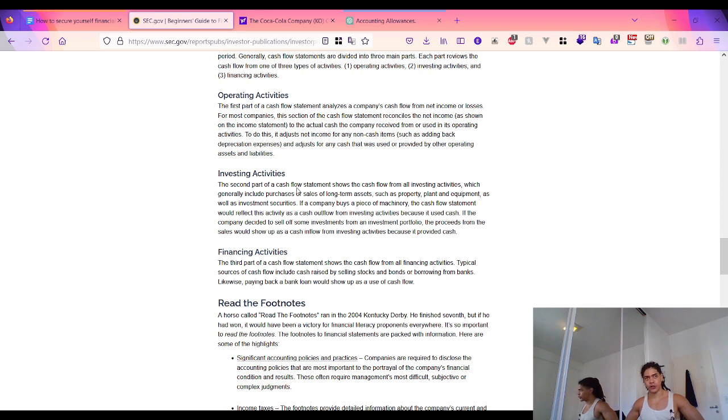And when you talk about security, the term refers to a financial instrument that is fungible, that holds some monetary value, and it can entitle the owner to a part of the company, usually called stocks, or to a principal and interest, usually called bonds.